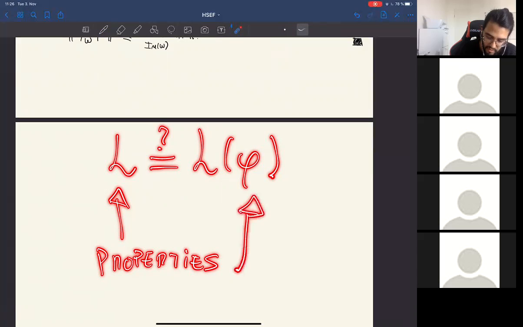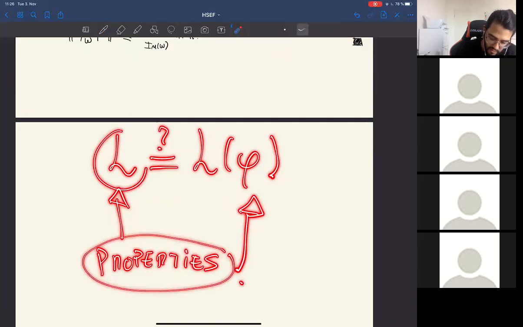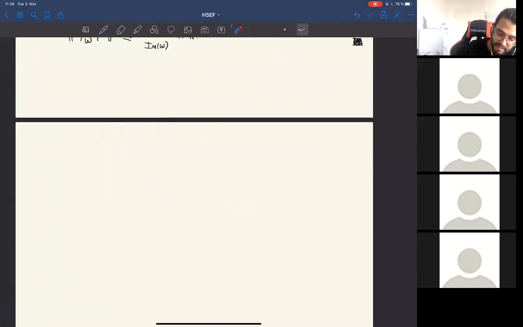Then I will actually conclude it is an L phi. So if I have a space L with certain properties, I should conclude that it is an L phi. That's the idea. So this is theorem 6.